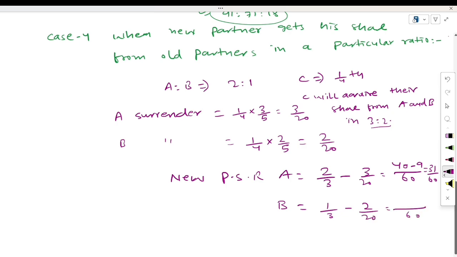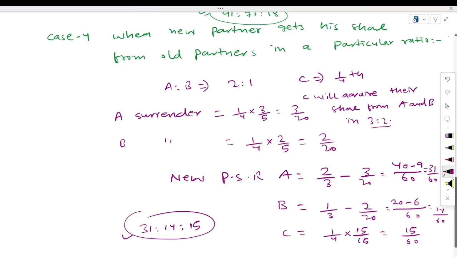LCM would be 60, 20 minus 6, which means 14 upon 60. And C's share is 1 by 4. We have to equal the denominator, multiply by 15, which is 15 upon 60. Your new ratio would be 31 ratio 14 ratio 15. This is the new profit sharing ratio. In the next video we will learn more cases.